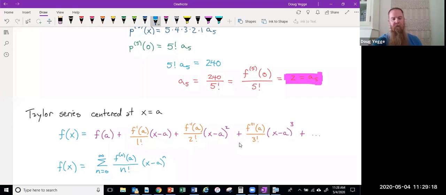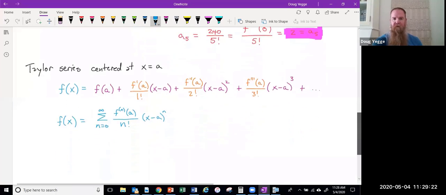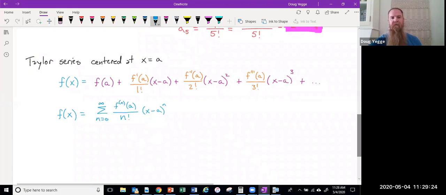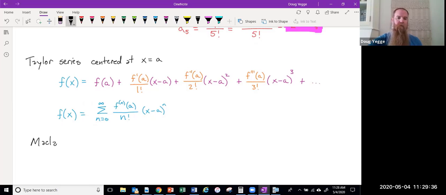So this is what we refer to as a Taylor series, but I just want to focus more on a Maclaurin series because this is the one that we use most often. And a Maclaurin series just replaces all of those x minus a's with just x. So if I were to look at a Maclaurin series now, this is just a Taylor series centered at 0.